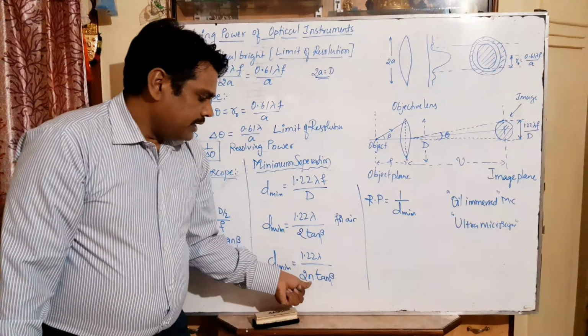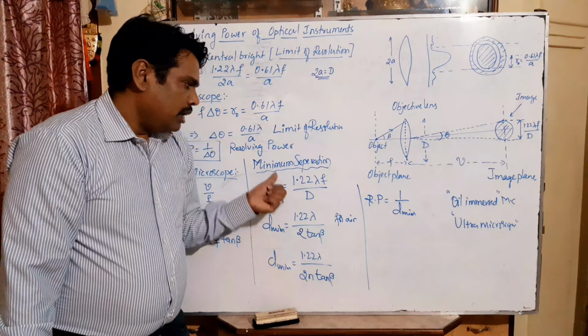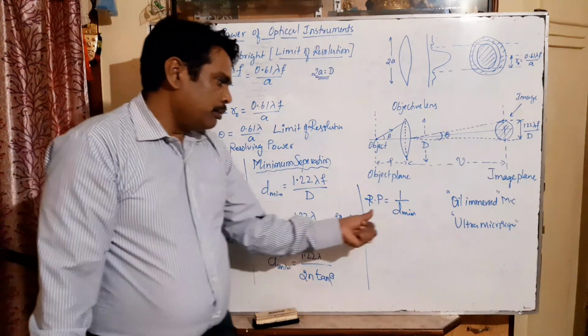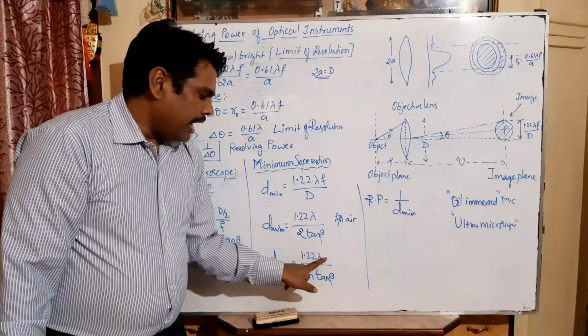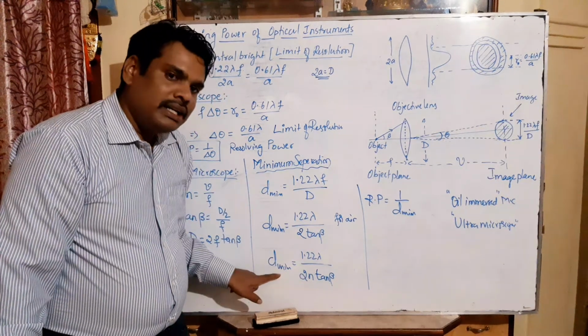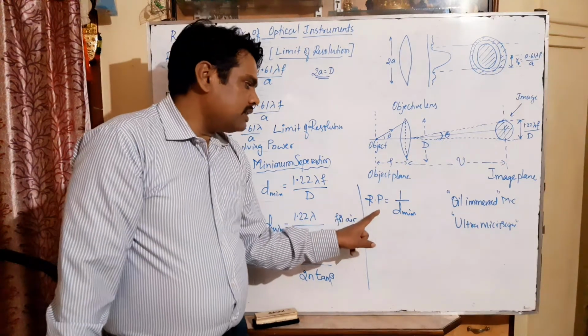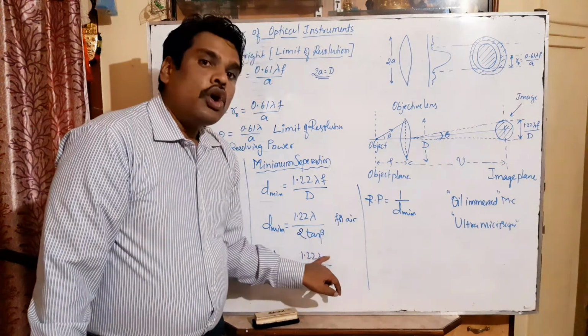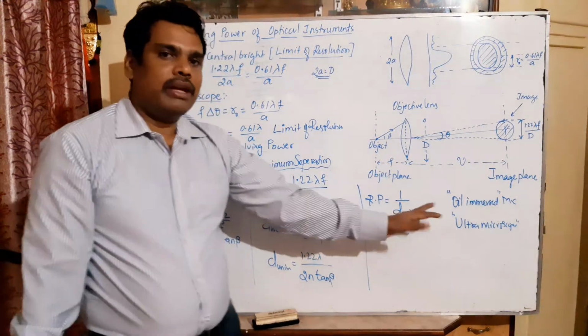If you are increasing n, it means minimum separation decreases, resolving power increases. But if you are increasing the value of lambda, d minimum increases, but the resolving power decreases. So to increase the resolving power, we have to take a shorter wavelength. Shorter wavelength means ultraviolet radiations, which are of wavelength less than violet light.